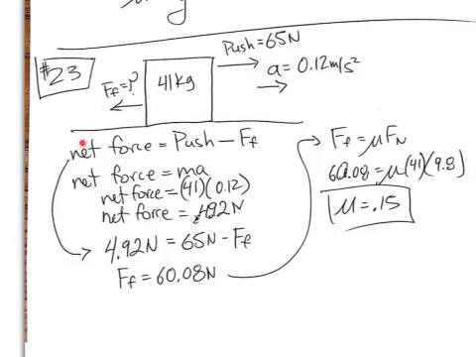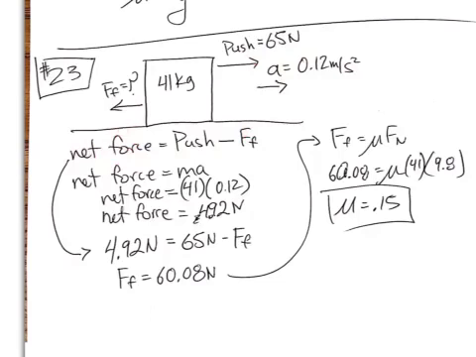It means, take a look at this. The net force, or the resultant force, in the horizontal direction, is this minus this. Now, I put this one first because the fact that it's accelerating this way means the push is more than the friction. It's speeding up. So push minus friction is going to be the net or resultant force.